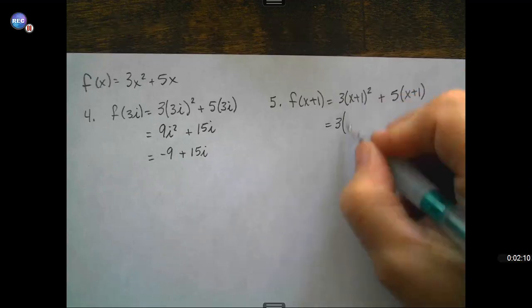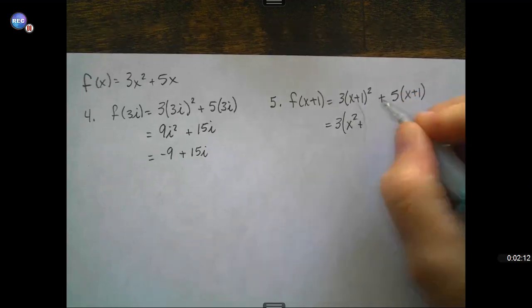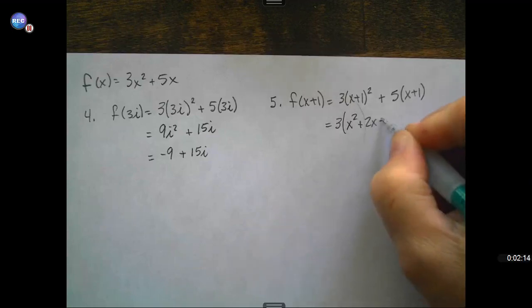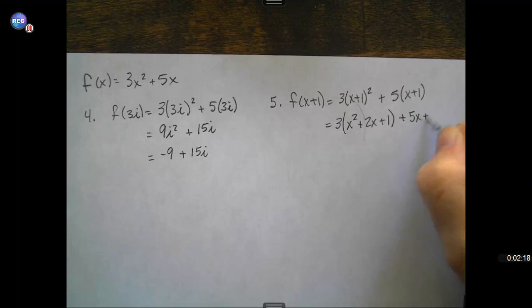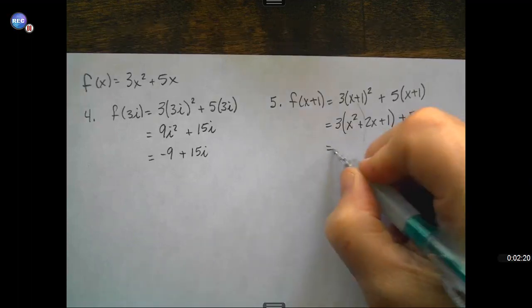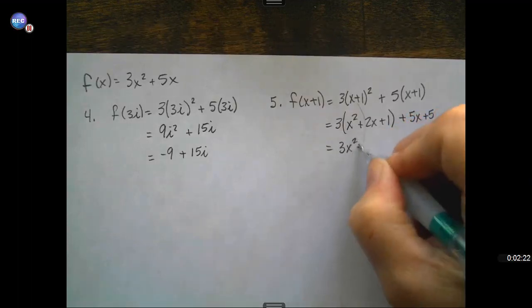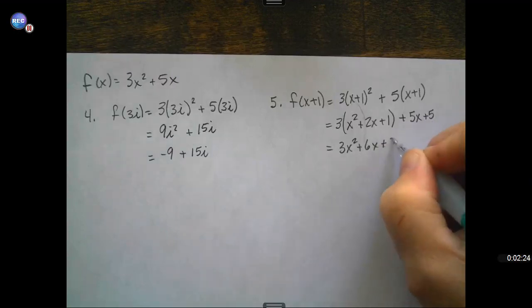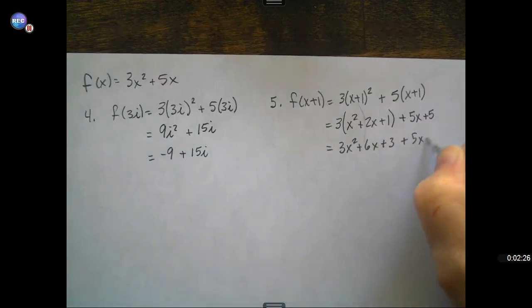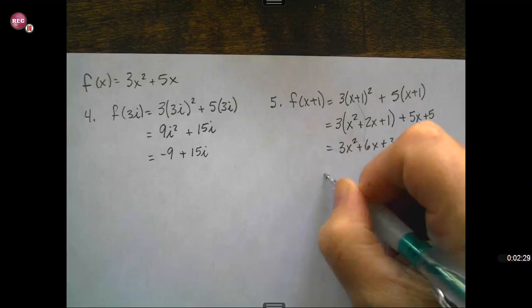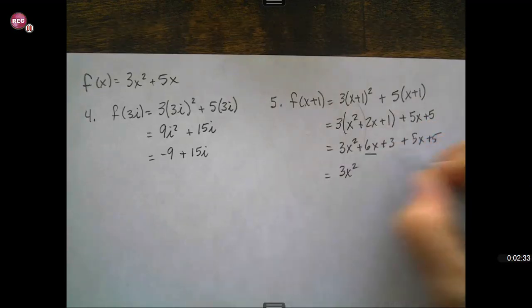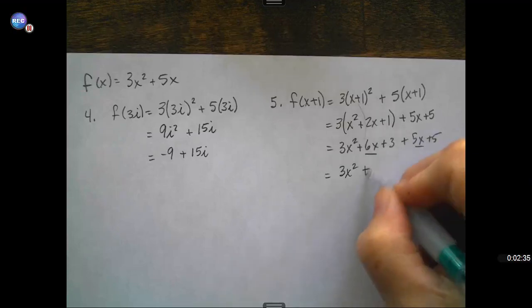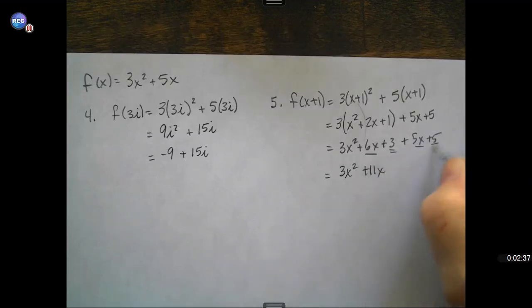I have to do x squared plus the middle term, 2x, plus 1. And then this is 5x plus 5. So 3x squared plus 6x plus 3 plus 5x plus 5. Now I combine like terms. Get 3x squared plus 11x plus 8.